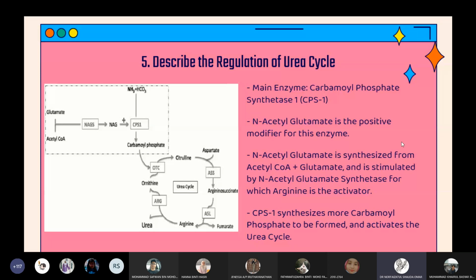Okay, you're correct. Fumarate, malate, and also oxaloacetate. How can oxaloacetate be connected to the urea cycle?